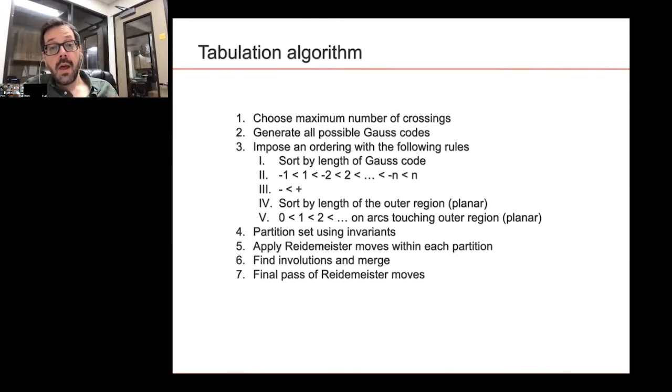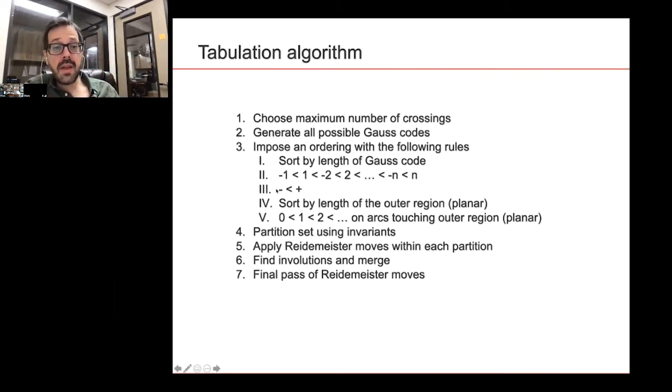Then we give another ordering: crossing number 1 comes before number 2 and so on, but we also give priority to the undercrossing over the overcrossing of each crossing. So the version of a Gauss code that starts with an undercrossing will be higher than the same Gauss code with the over-undercrossing information switched.